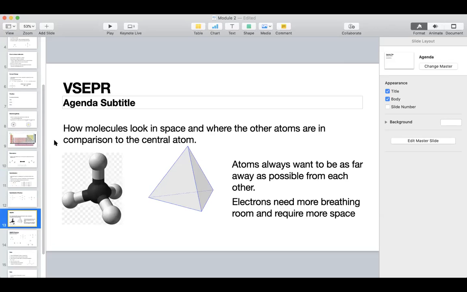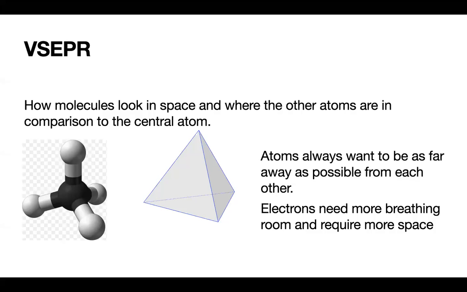So let's move on to the VSEPR theory. This is a theory on how we imagine molecules to look in space, and where other atoms are in relation to that central atom.